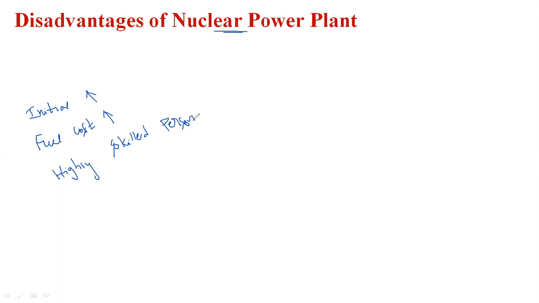The effect will be present for 100 to 500 years and prolonged up to 1000 years also. And if any accident takes place, the people in the surrounding 30 to 40 kilometers or more than 50 kilometers are affected. To avoid that, at the time of construction itself, they take n number of precautions to avoid leakage of the radioactive substances.